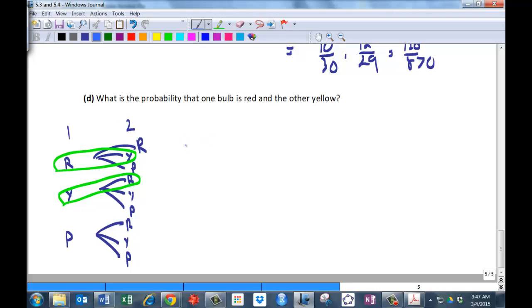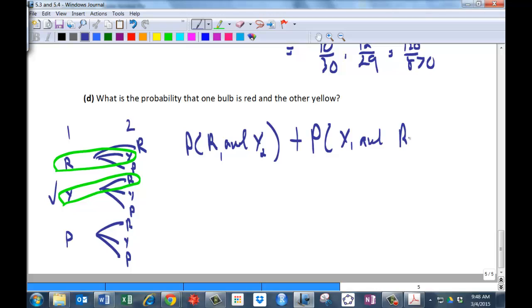So that's going to be the probability you get a red on the first, yellow on the second, plus the probability you get a yellow on the first, which is this case here, and a red on the second. And so these are 120 over 870 plus 120 over 870, or 240 over 870.